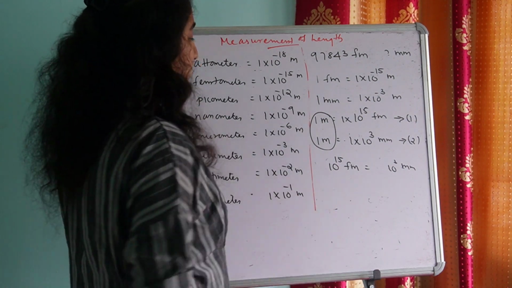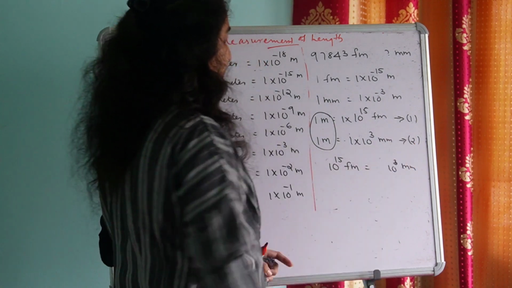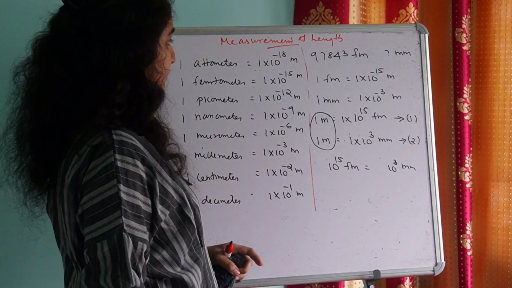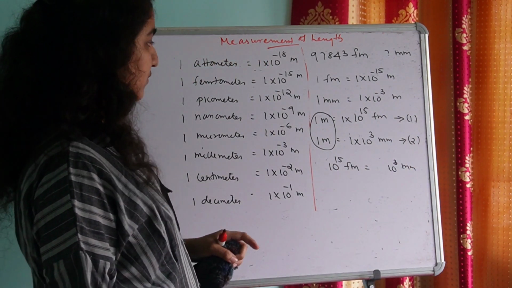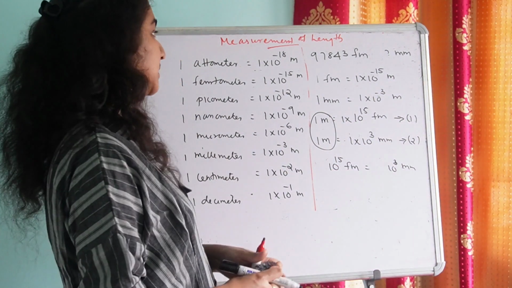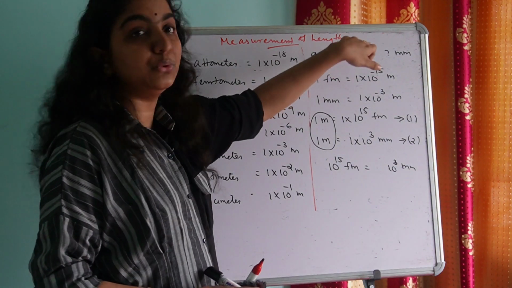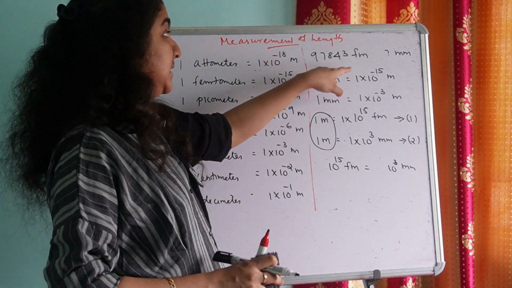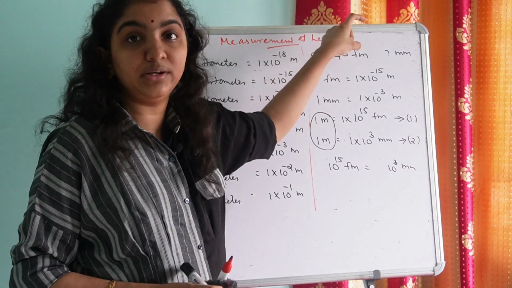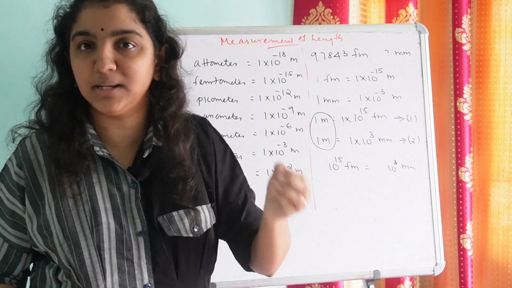So 10 power 15 femtometer is equal to 10 cube millimeter. Now back to the question. We are given the value in femtometer and we have to calculate the value in millimeter.